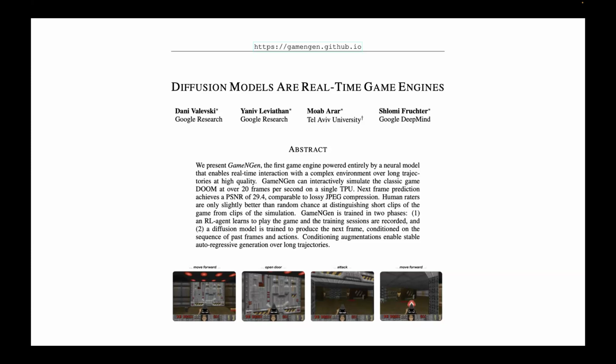They can sell you the use of them in a cloud service. But basically running on a single TPU, they were able to replicate the functionality of the first-person shooter game Doom at 20 frames per second on the fly. So it's actually creating each of these frames in real time as you sort of move through this, which is pretty wild. There's a video out there if you want to check it out.